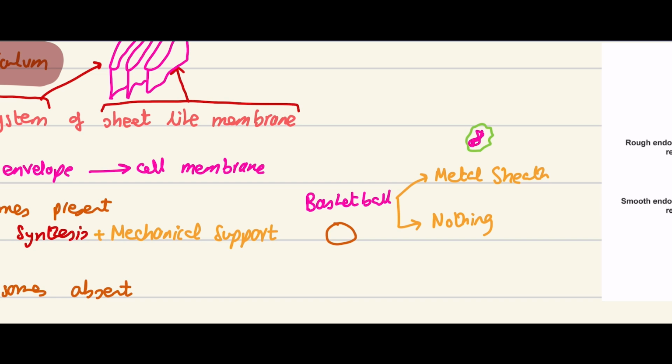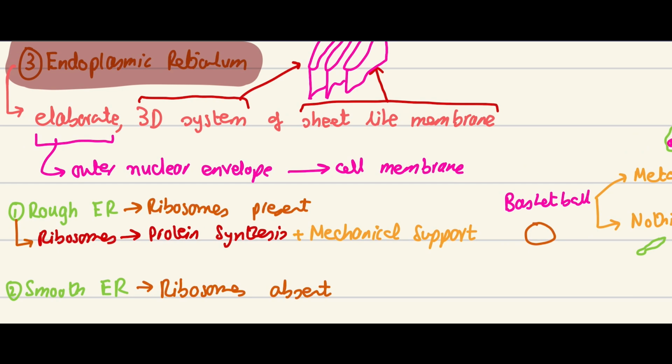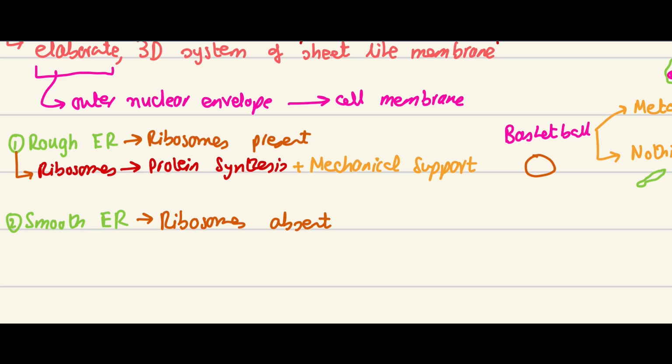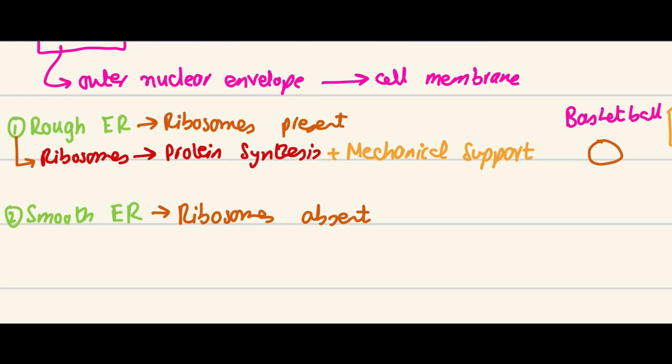However, the ball that has nothing, it's just air, and once that air is out, it's going to be deflated like this. So that's what the metal sheet does. And the metal sheet in this case, talking about the rough endoplasmic reticulum, is sort of like this mechanical support, because the structure itself is so huge. From the outer nuclear envelope all the way to the cell membrane, it gives us this mechanical support. And now let's move on to the smooth endoplasmic reticulum.